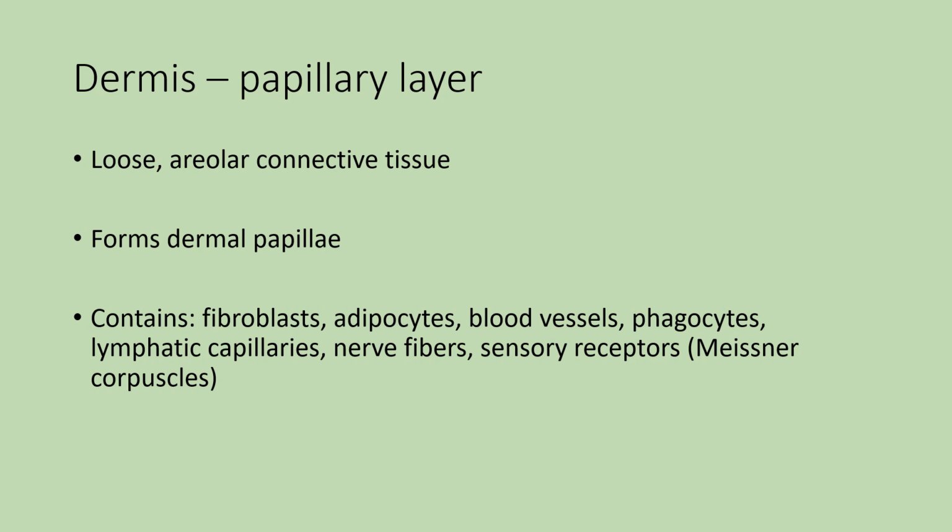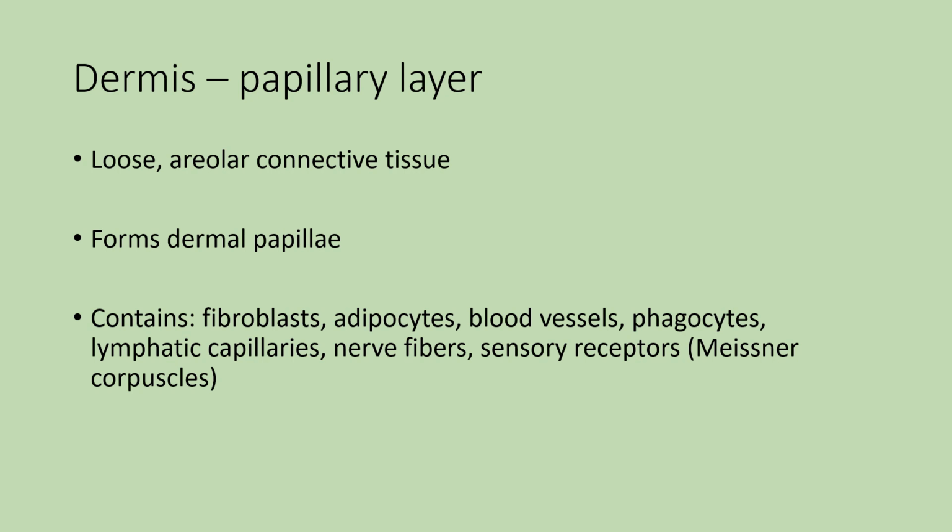It does form these dermal papillae. It's not a smooth surface, it's these little ridges and invaginations that ultimately are going to be forming things like your fingerprints. It helps to increase the surface area between the dermis and the epidermis.